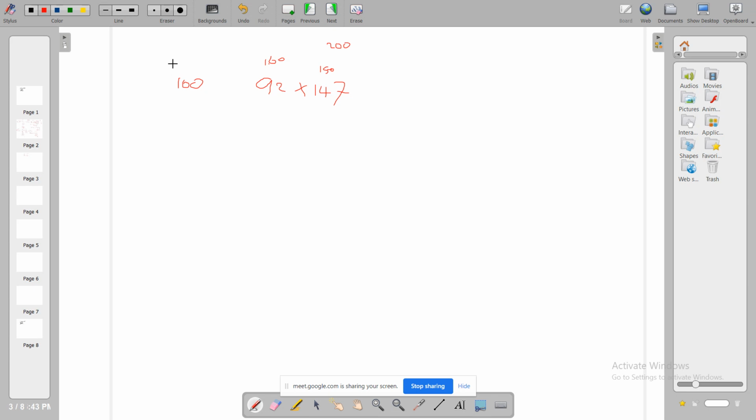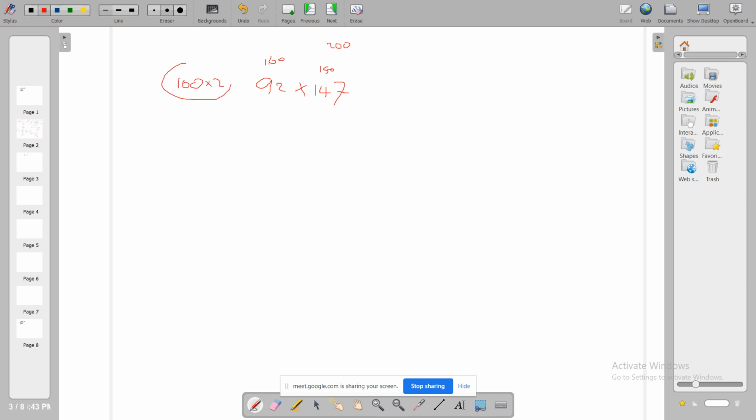So here we go to multiplication. Okay, so here I can see that 100 times what will give me 200? Times 2. So here will be 2.